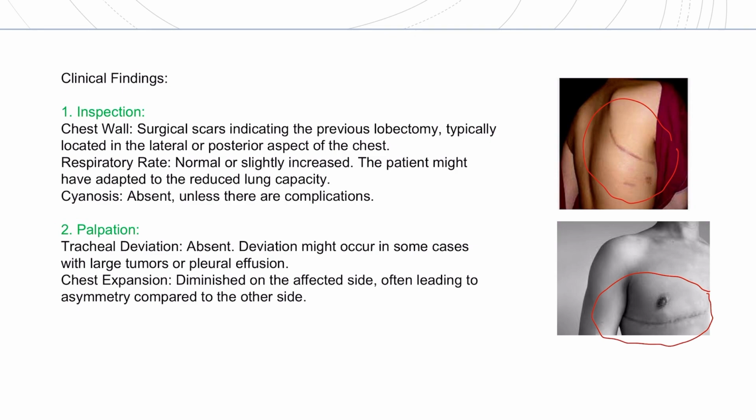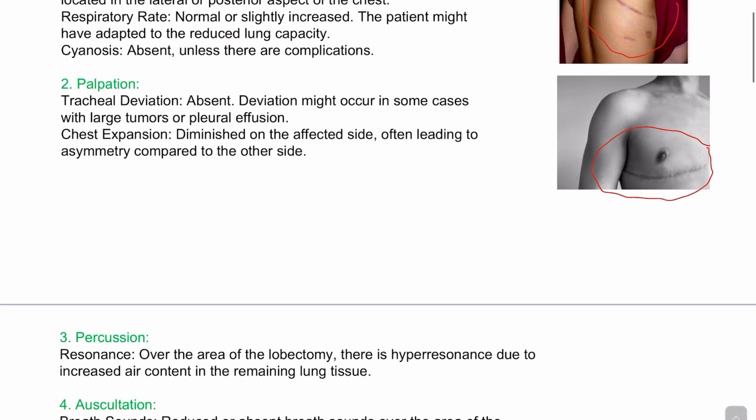If the scar is obvious and the trachea is deviated, then you must think about pneumonectomy. Chest expansion will be diminished on the affected side, leading to some asymmetry compared to the other side.